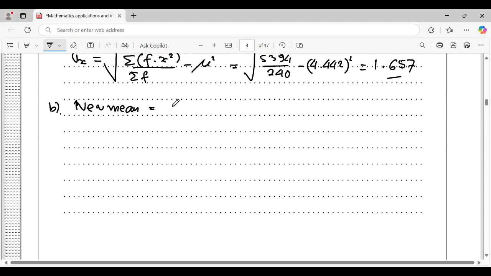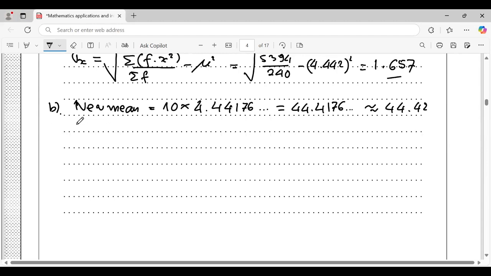New mean equals 10 times the previous mean, 4.44176, which equals 44.4176. Rounded off, 44.42.